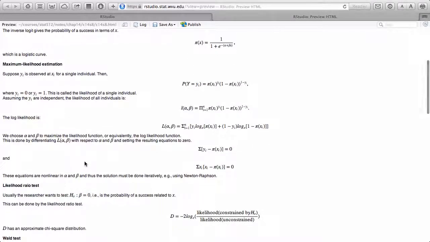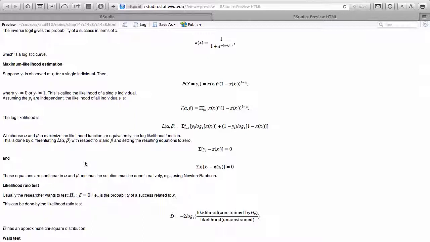Now, if I talk about the probability y equals y sub i, where y sub i is equal to 0 and 1, I claim it's equal to pi of x sub i to the y sub i power times 1 minus pi of x sub i to the 1 minus y sub i power.